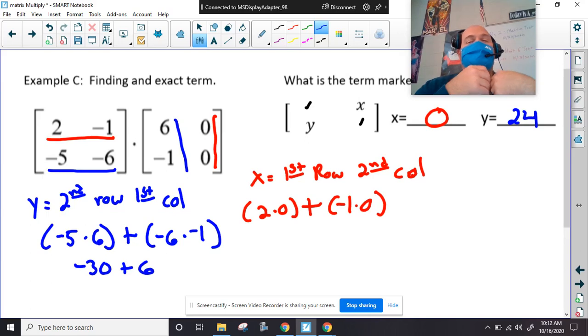B, it actually focuses on the process of it. I love problems like these. You may actually see more of these than the other ones on your practice test and test, because this makes sure that you really know what's going on.